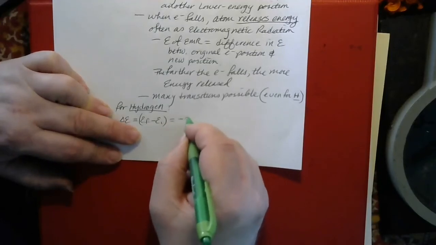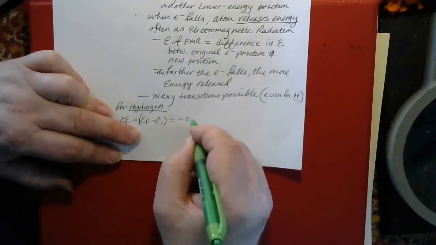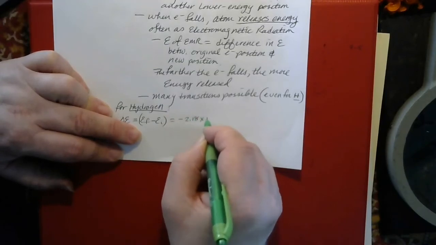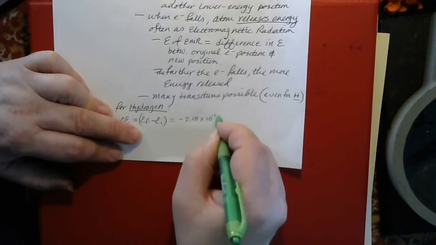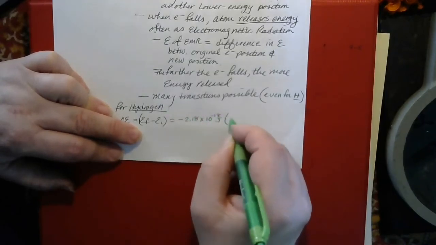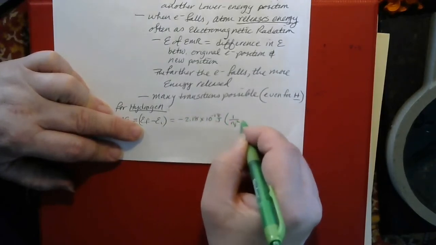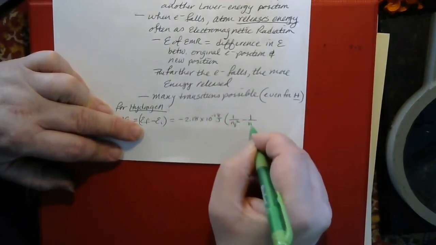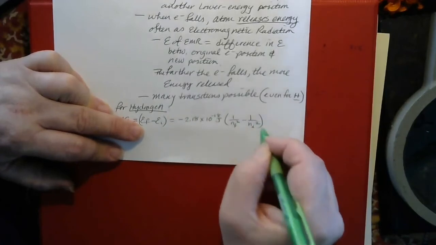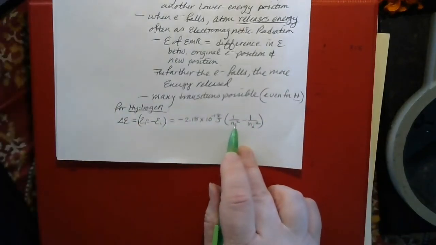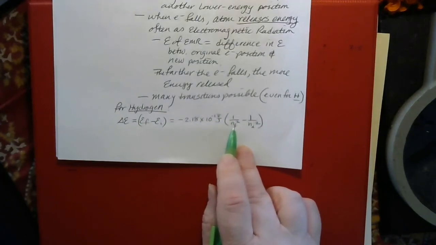And to figure this out, we go back to the Rydberg equation. We finally explained what those numbers mean in the Rydberg equation. The first number on the bottom, Rydberg knew that it was a whole number squared, but he didn't know what it meant.